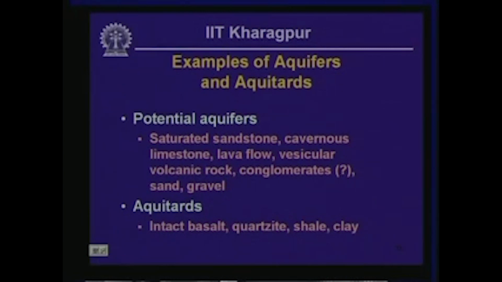Okay. Some examples of aquifers and aquitards, as we are elaborating on the concept that we introduced in the preceding slide: saturated sandstone, which is relatively poorly compacted, cavernous limestone, which has got solution cavities and channels, lava flow, vesicular volcanic rock, some conglomerates which are poorly compacted, and unlithified sand and gravel.